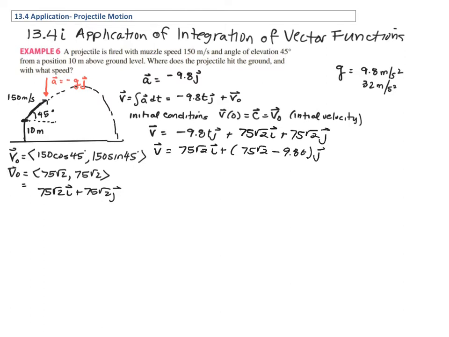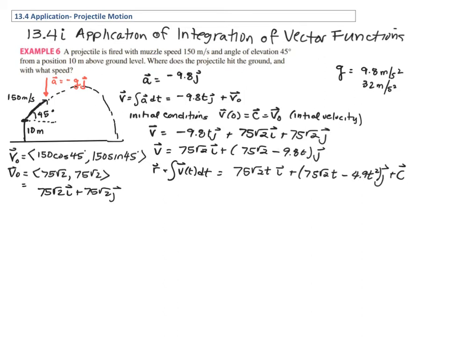I want the position function, so to get the position function, I just integrate the velocity function. If I do that, I'm going to get 75 square root of 2 t times i plus 75 square root of 2 t minus 9.8 t squared over 2, so 4.9 t squared, j, plus some sort of constant of integration, not the same constant.